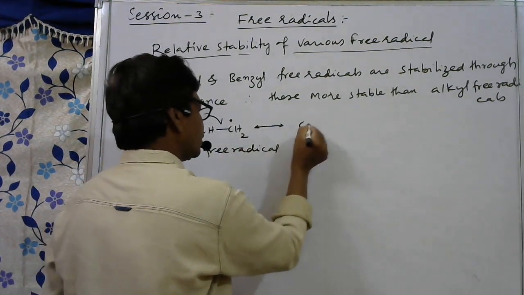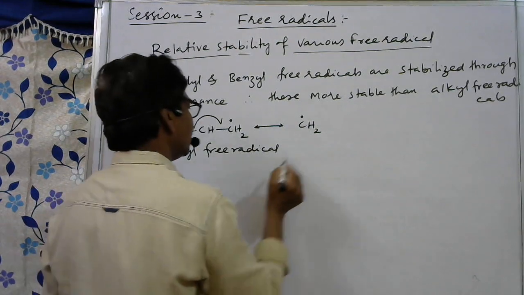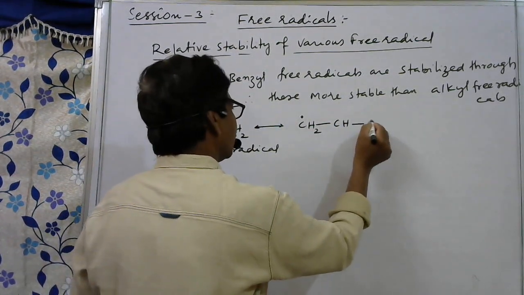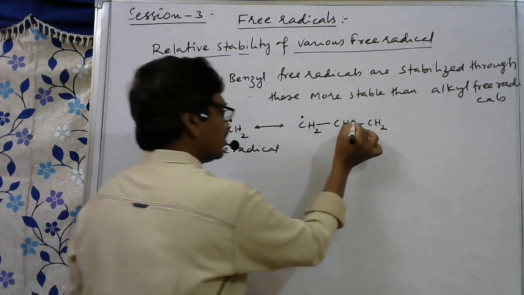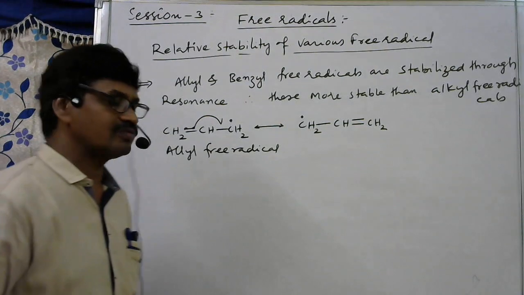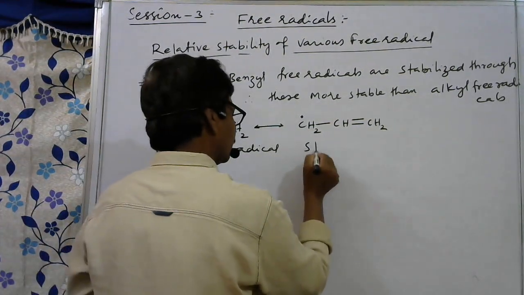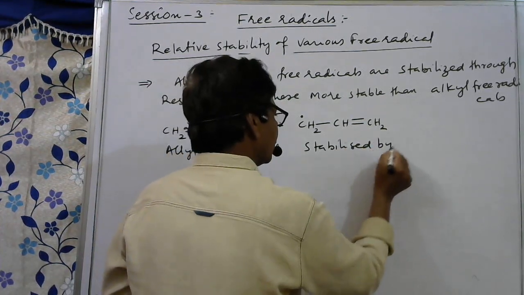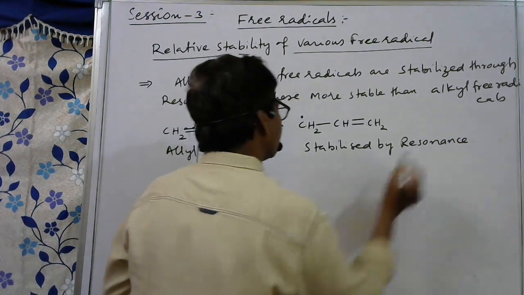So here CH2, this carbon will take a single electron, becoming a single bond here. CH, here already one bond is present. CH2, this electron and this electron, these two combine with each other and you get one more form. So this is allyl free radical stabilized by resonance, so that it is more stable.